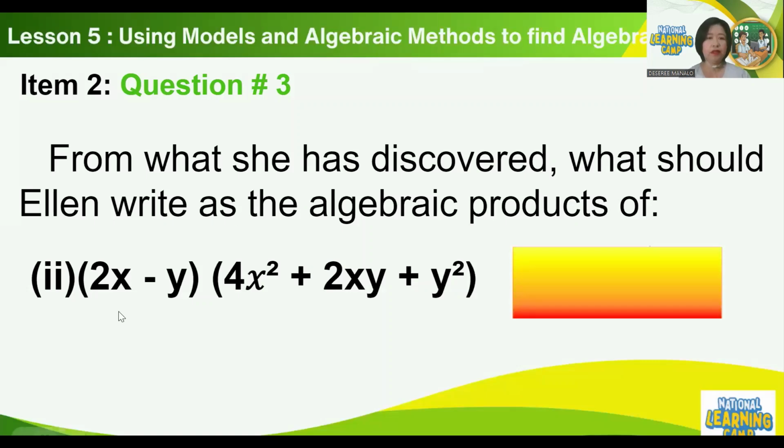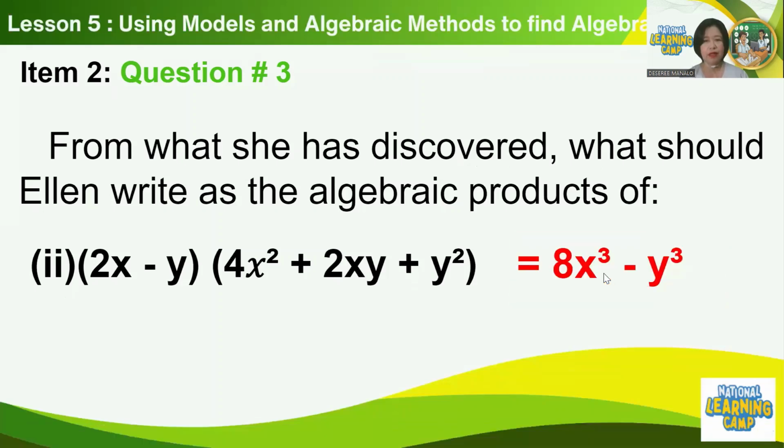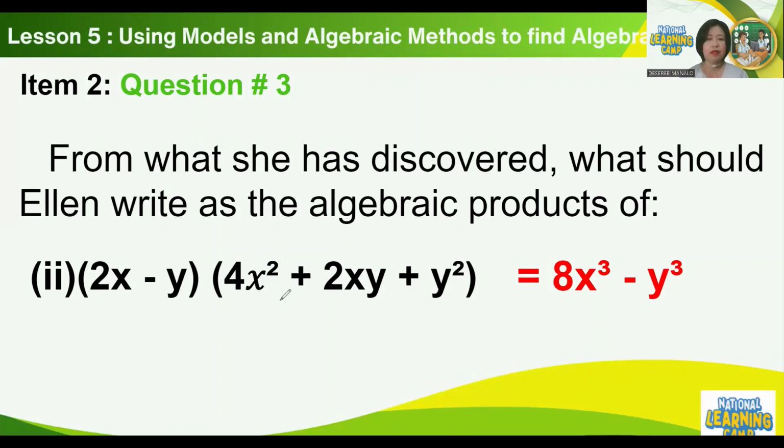Question number 3, part 2. From what she has discovered, what should Ellen write as the algebraic product of 2x minus y times the quantity 4x squared plus 2xy plus y squared? Our answer is 8x cubed minus y cubed. How did we get this answer? Look at the trinomial factor. The square of the first term of the binomial factor is the first term in the trinomial factor.